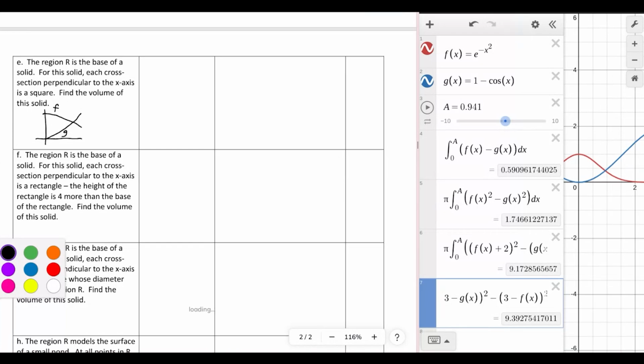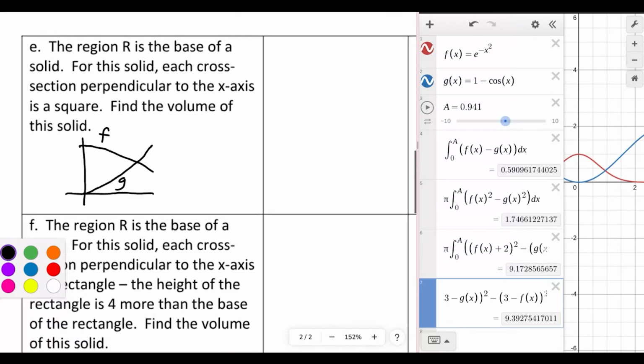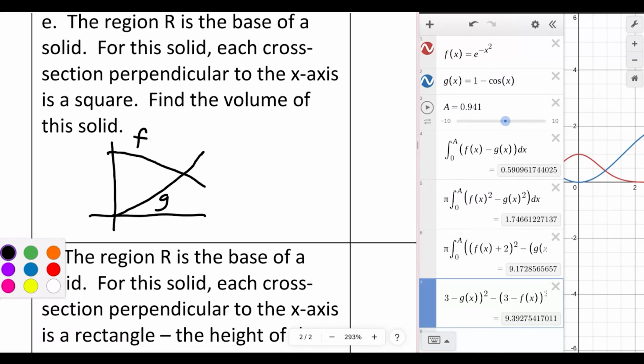It says each cross section perpendicular to the x-axis is a square. I'm going to do my best to draw this. It's kind of weird, but basically, if I take a cross section perpendicular to the x-axis, meaning going into the paper, into the third dimension, each cross section has to be a square, meaning all four sides have to be equal.